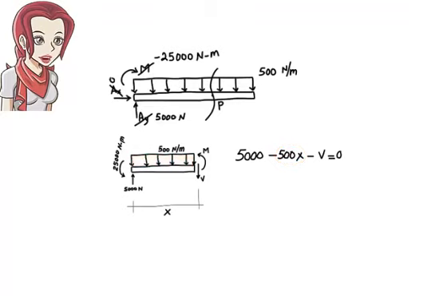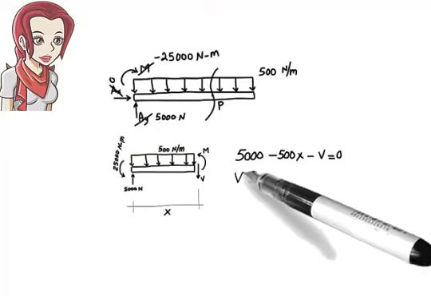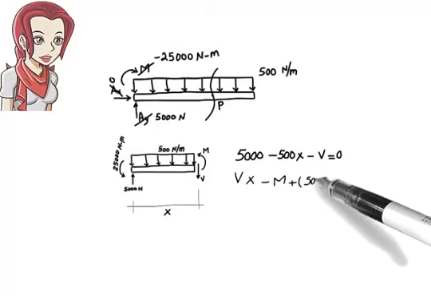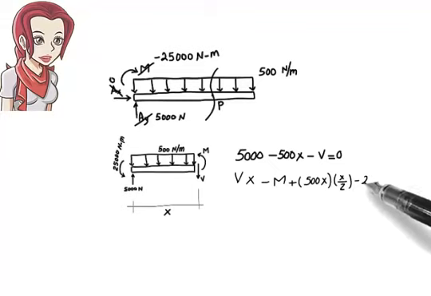Sum of the moments about point A must be 0. Therefore, Vx minus M plus 500x times x over 2 minus 25,000 equals 0.